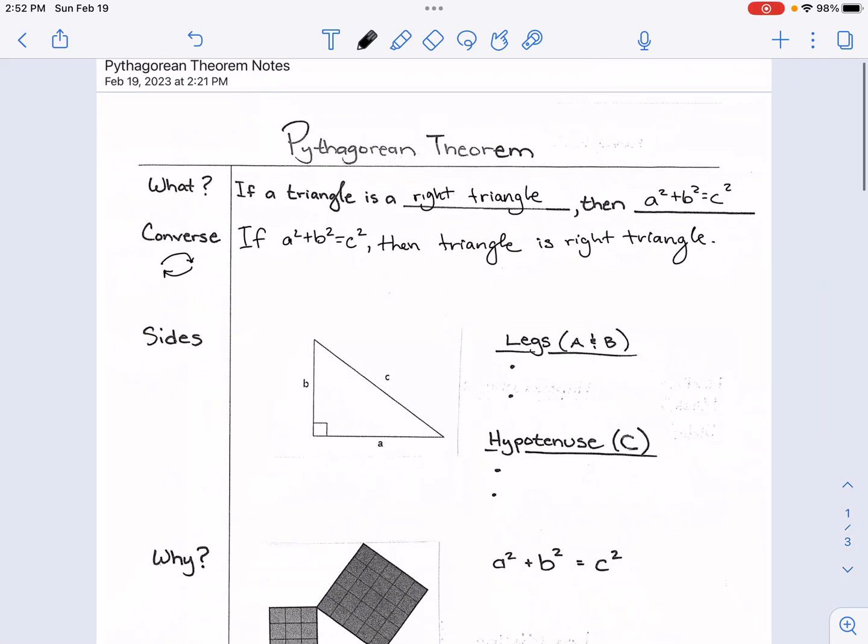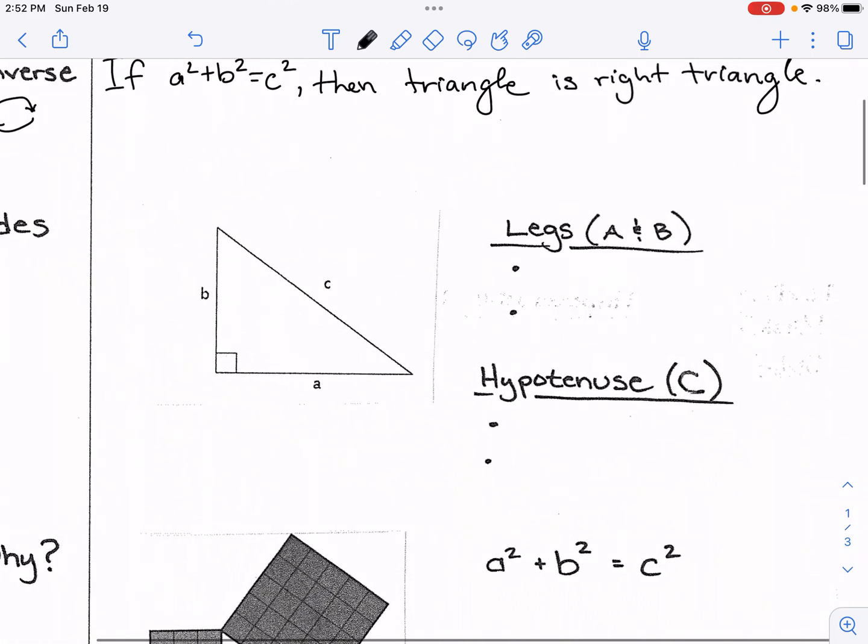Okay. So the side lengths, let's just properly describe these. So we have a and b as our legs. These are typically the shorter sides. And when we plug this into the formula, it's fine if you switch a and b.